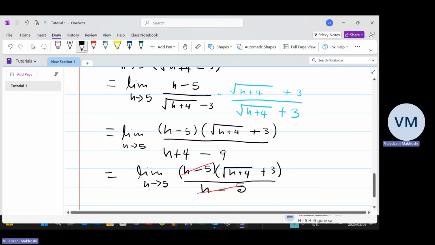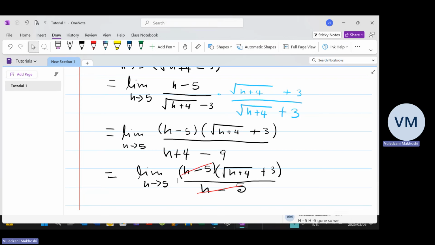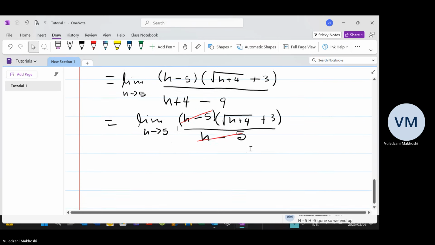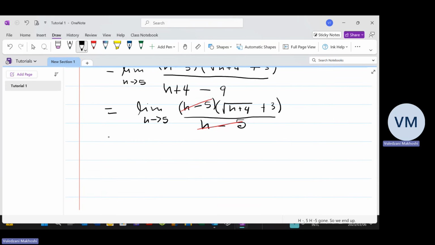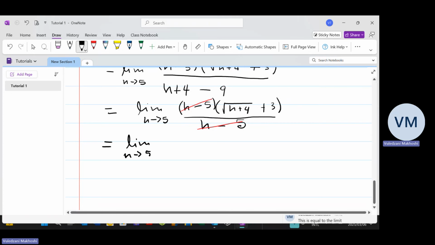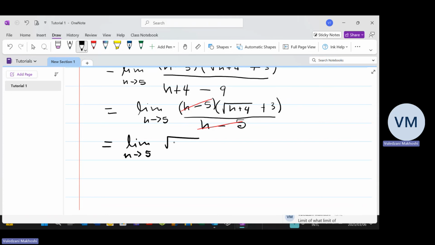So we end up with the limit when h is approaching 5 of the square root of h plus 4 plus 3, like that.